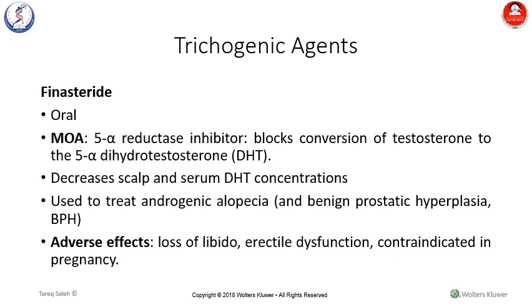So inhibition of 5-alpha reductase results in blocking of testosterone synthesis, and it also blocks the conversion of testosterone to 5-alpha dihydrotestosterone, which is the active form of testosterone. And this helps in decreasing testosterone or dihydrotestosterone levels in the scalp.